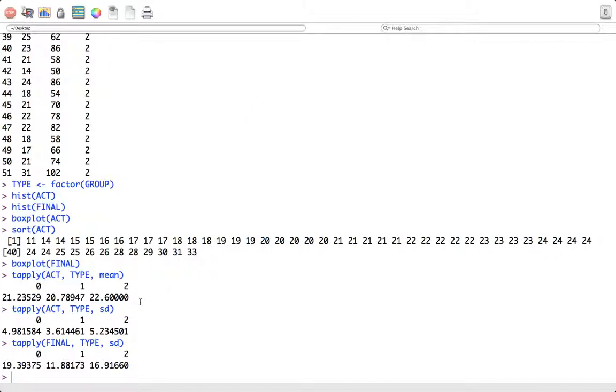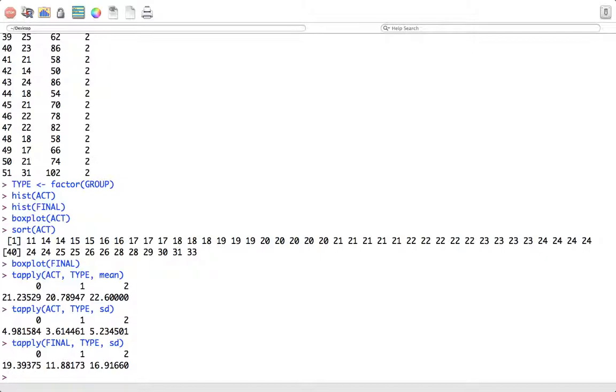It looks like, let's see, the biggest variance for ACT is 5.23. Divide that by the smallest variance. Actually, we need to do this on final, don't we?